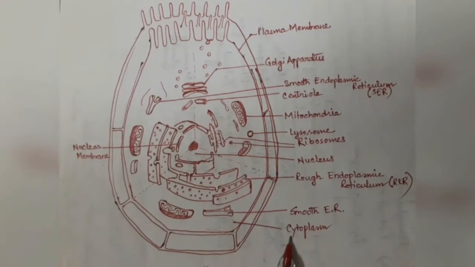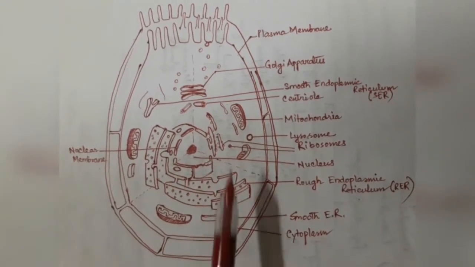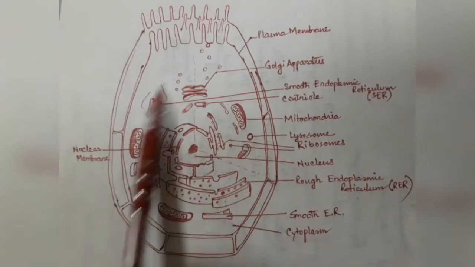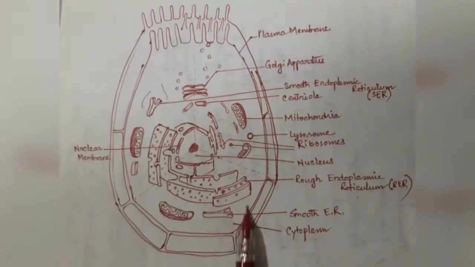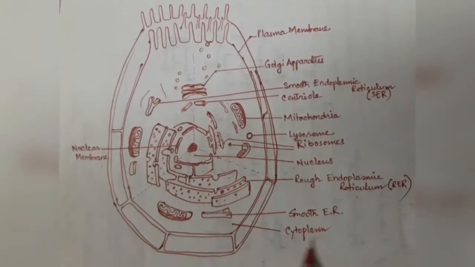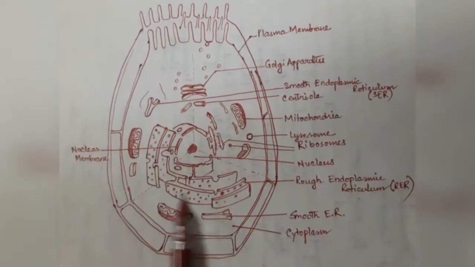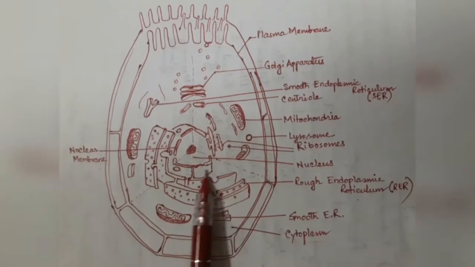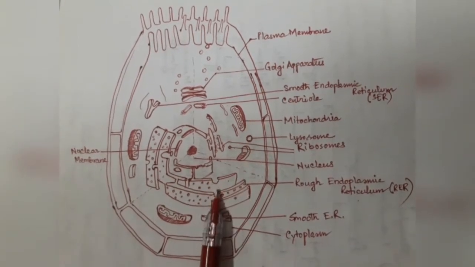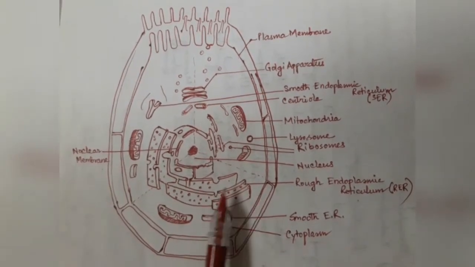Cytoplasm is actually the protoplasmic mass. Protoplasm means the living component. So cytoplasm is the protoplasmic mass of a cell. And if you see, it is present inside.